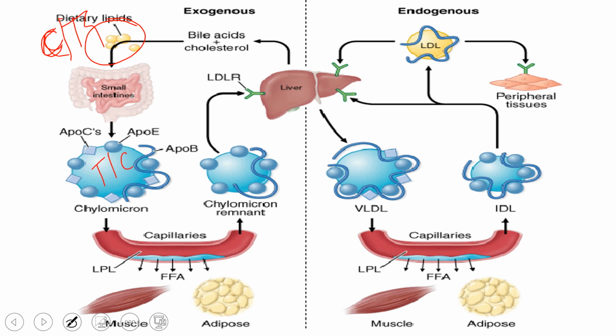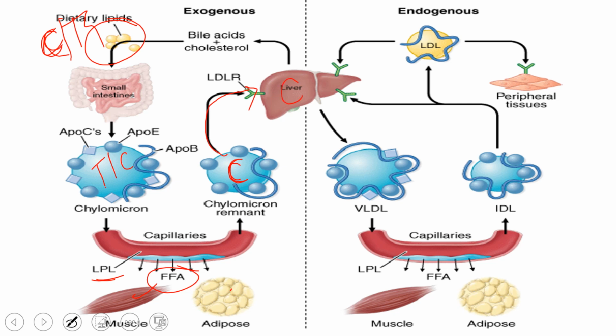In the pathway, LPL works on the triglyceride and metabolizes it, giving free fatty acids which will be used by muscles and adipose tissue. But still, this chylomicron has all the cholesterol. Triglyceride has been metabolized maximally. Now this chylomicron remnant goes to the liver for reprocessing.